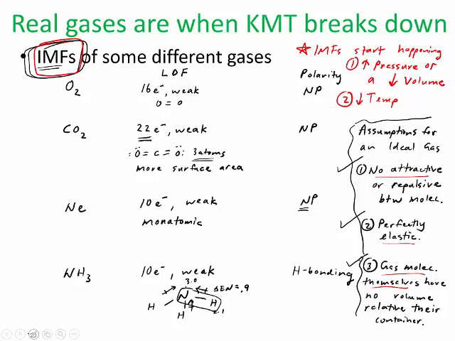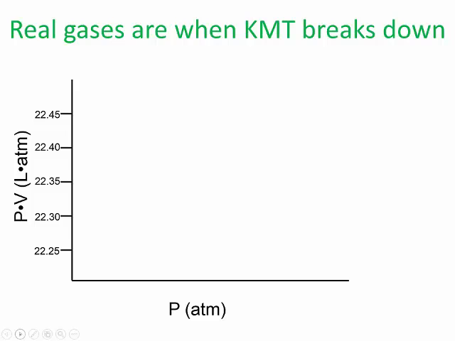Okay, so let's go ahead and look at this on a graphical representation. So I'm going to show graphs of the different gases. I had four gases. I'll show ideal behavior: if you multiply P and V, this is Boyle's law.